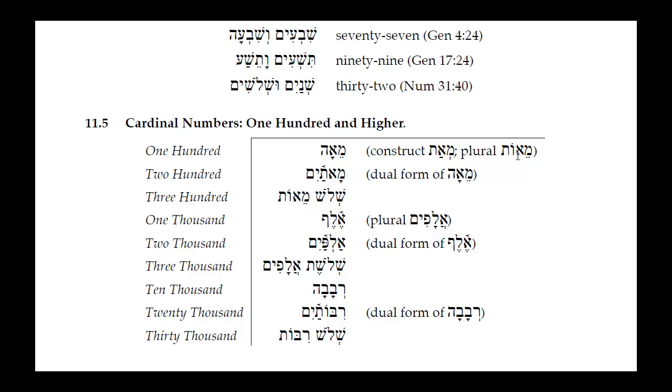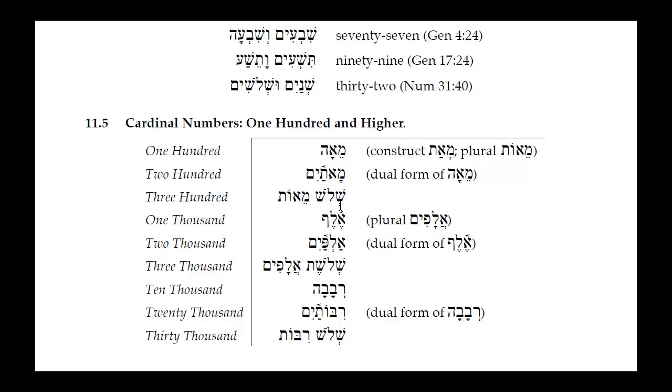Me'at. And me'ot is the plural form of hundred, so hundreds. So we have 200, which is matayim, coming from me'ah the same way. Shalosh me'ot is 300.